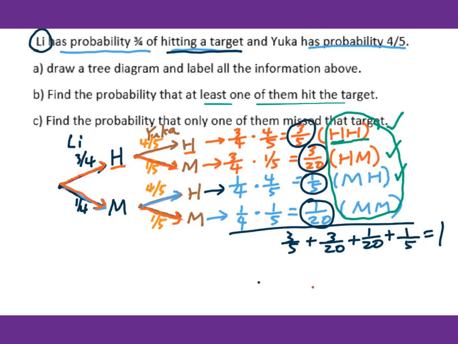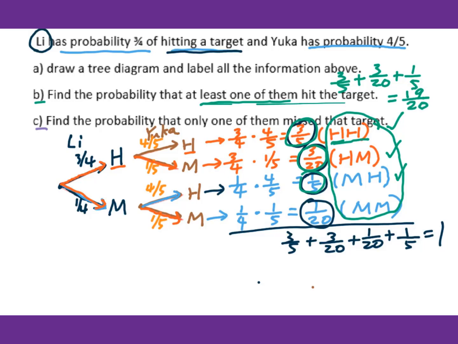This one is not. Therefore, for B solution, at least one of them hit the target will be 3/5 plus 3/20 plus 1/5. You need to add these 3 together. This will be your answer, equals 19/20.